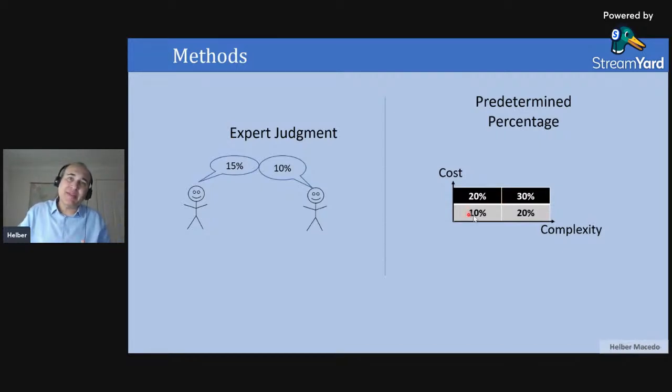Or if the complexity is low and the result of my cost estimation is not so high, I will use 10%. So we have some factors that I will look at in a table, I will look at a curve, and I will correlate these things, and I will see what the percentage will be. What's the problem here? It is difficult with this methodology to see the very specific risks that can affect each project.